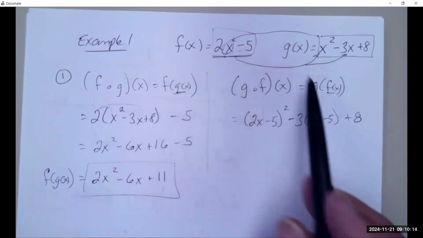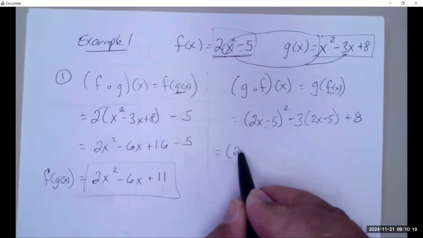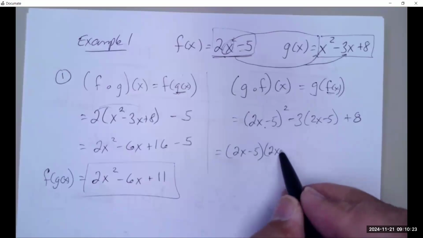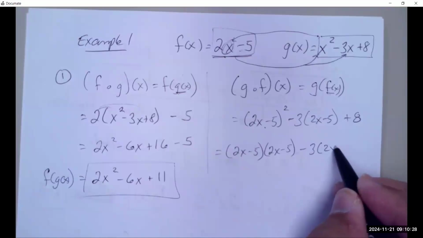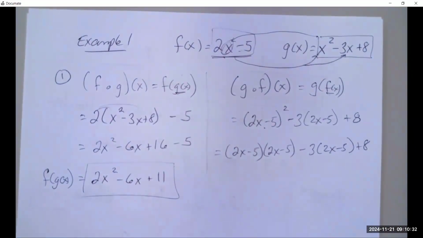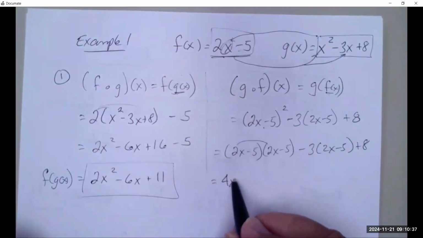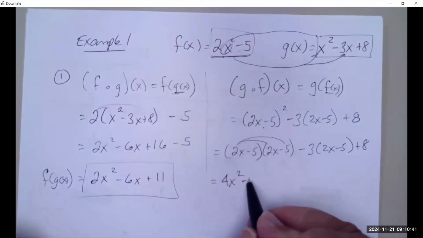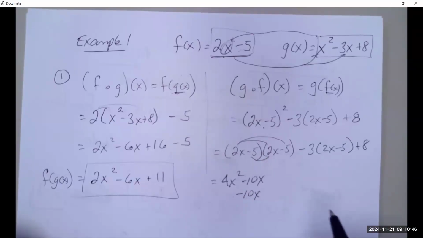Now I've got to work it out. Since that's squared, I have 2x minus 5 times 2x minus 5. 2x times 2x is 4x squared. 2x times negative 5 is negative 10x. Negative 5 times 2x is negative 10x.